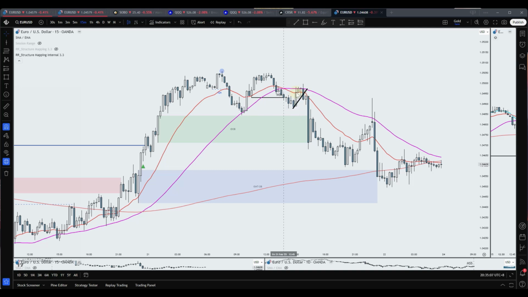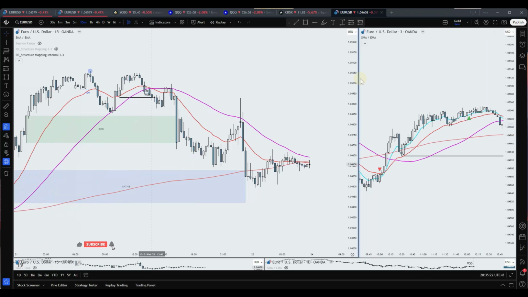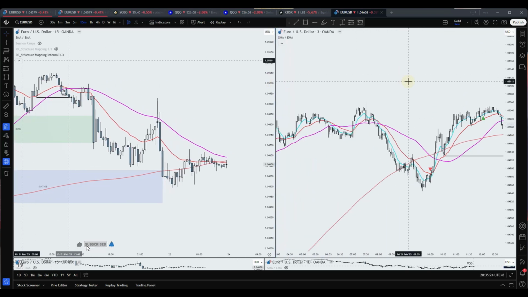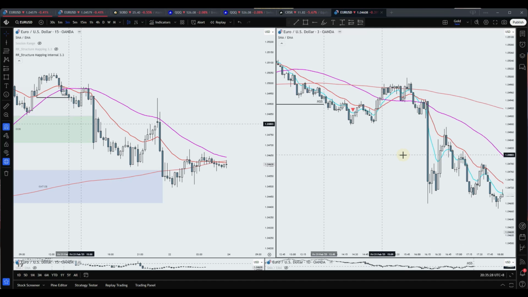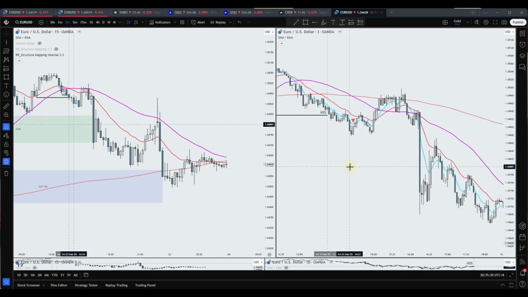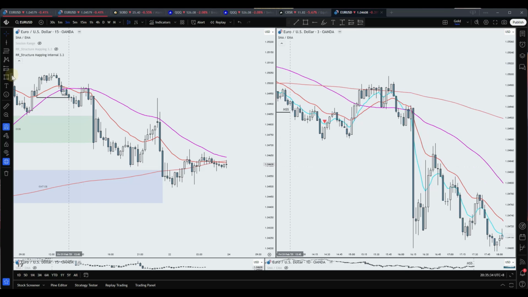So these are the buyers. How come you can sell against these buyers? You know these buyers, how they are on the 3 minute time frame. Let's go. Look here. These are the buyers.